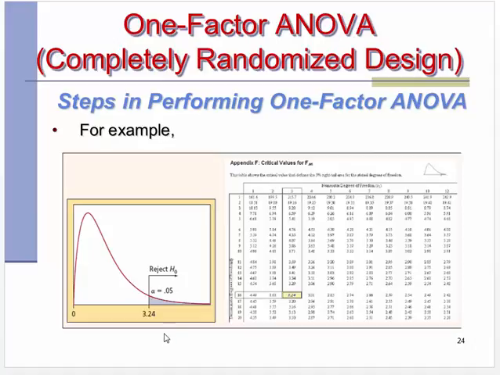This is the denominator degree of freedom, and this is the numerator degree of freedom from 1 through 12. This is the denominator degree of freedom from 1 to 20 here. If your F test statistic falls in this region, if it's larger than 3.24, you reject null. If it's less than 3.24, you fail to reject null.